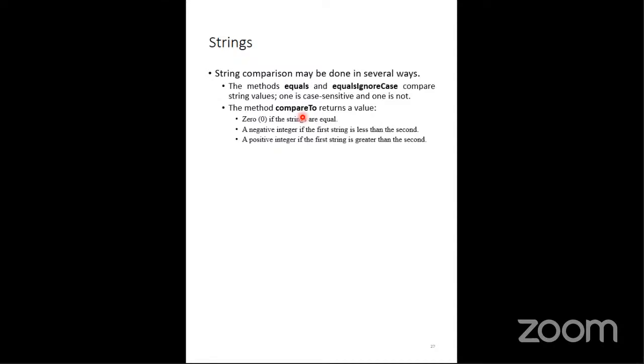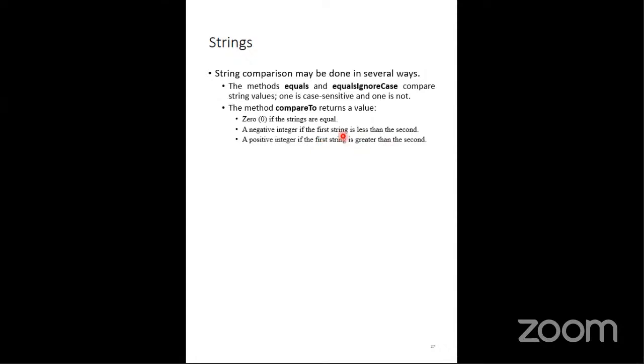Now here, character by character, the strings will be compared, and if all the characters are found equal, then the compareTo method returns 0. It returns negative if the first string is less than the second string, and it returns a positive value if the first string is greater than the second string.